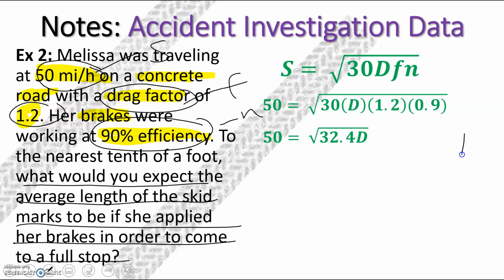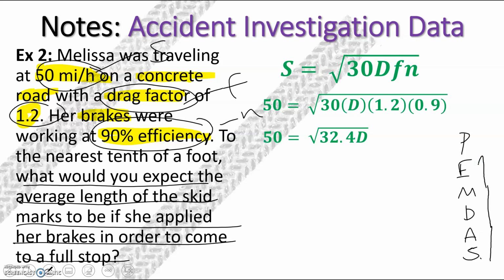Now remember, when solving equations, we always reverse PEMDAS. So in this case, we want to get D by itself. We ask ourselves, is there any addition or subtraction? No. Is there any multiplication or division? Yes, but it's under the radical sign, so we have to deal with that first. Are there any exponents? Yes.